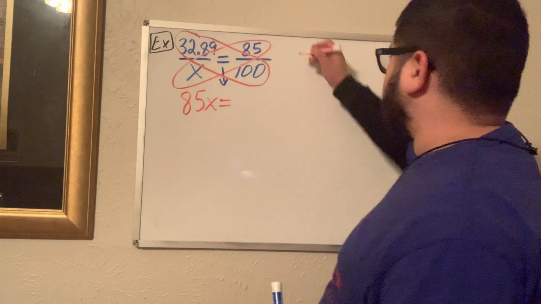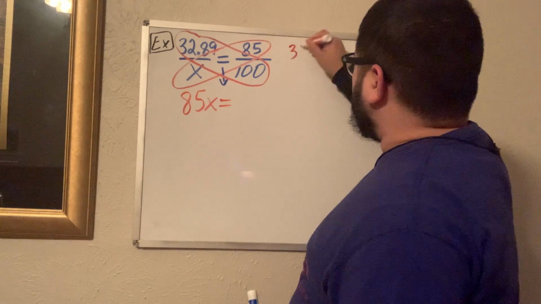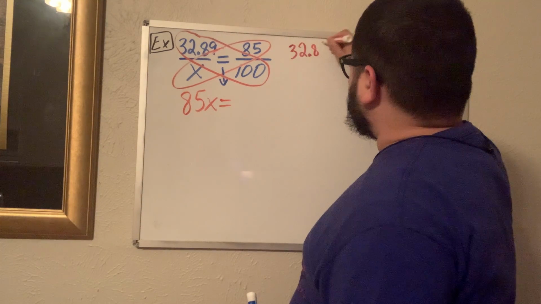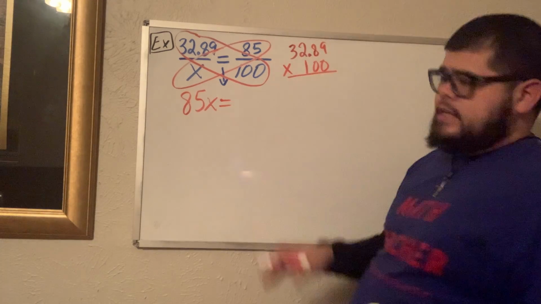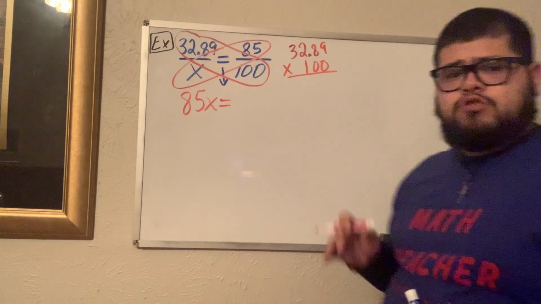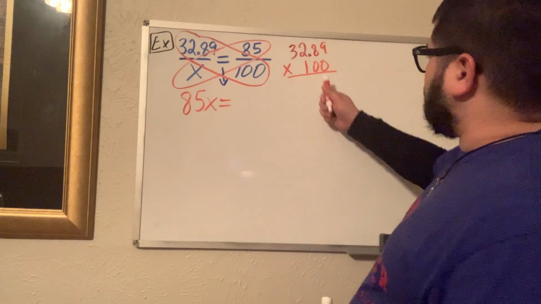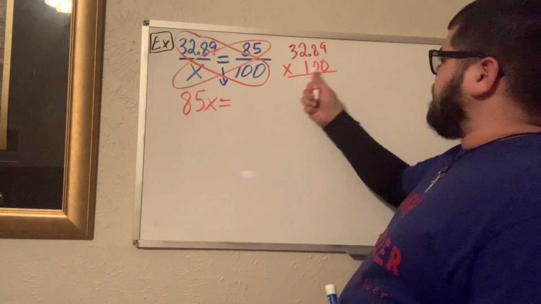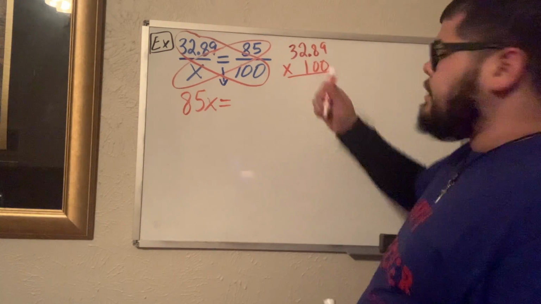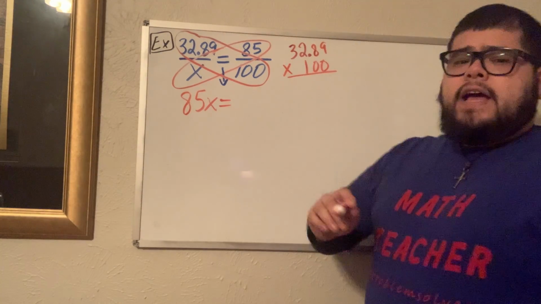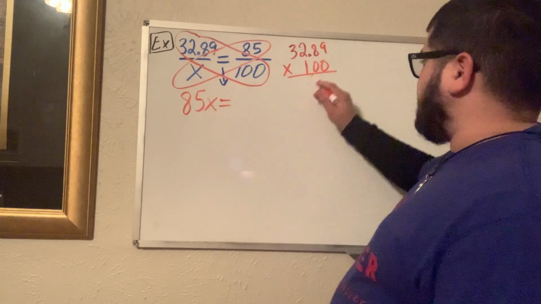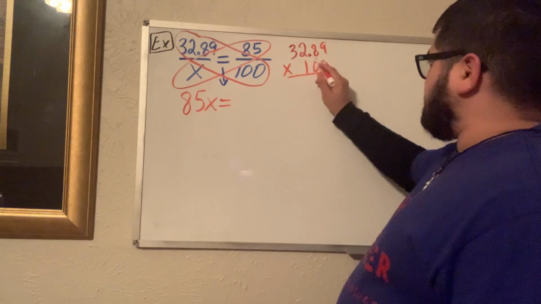So on this side right here, if we were to do 32.89 times 100, we couldn't be here all day trying to solve this thing. Instead, let's remember an old mental math trick. If we multiply by 100, or any number with zeros in it, we can actually move the decimal place over as many zeros as we have. So 100 has 2 zeros, so we can move that decimal over 2 times.